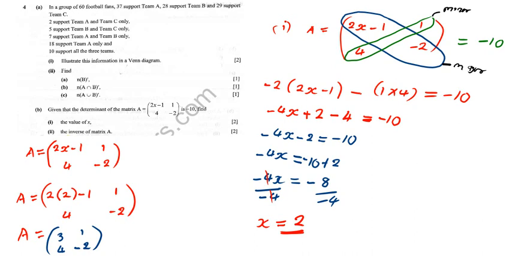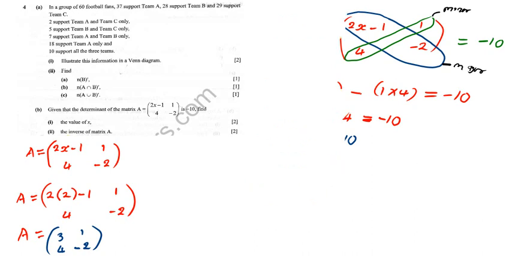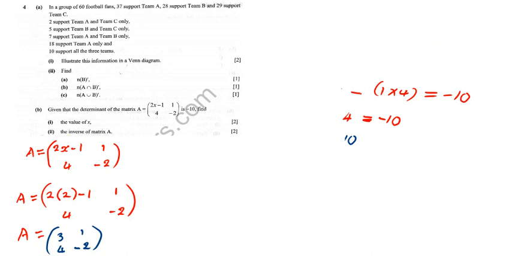So now, finding the inverse. Let me write our A is equal to 3, 1, 4, negative 2.